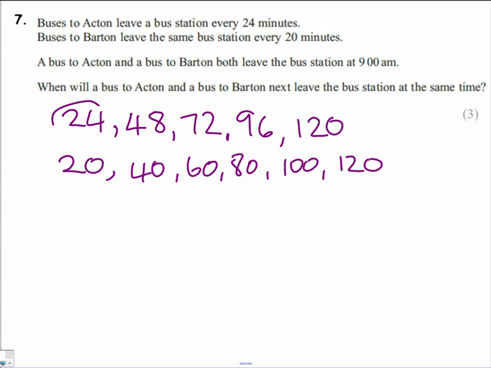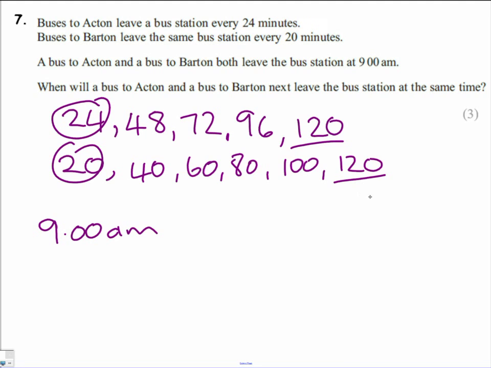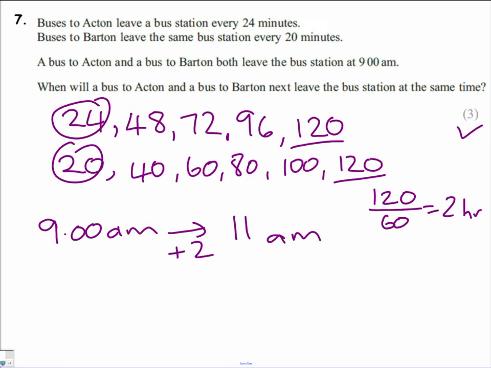So the next number 24 and 20 have in common, in other words, when they will depart the bus station at the same time, is 120 minutes after 9 a.m. So if we start at 9 a.m., you need to understand that 120 minutes divided by 60 gives us 2 hours. So the next time when we add 2 hours is 11 a.m. and that is worth 3 marks.